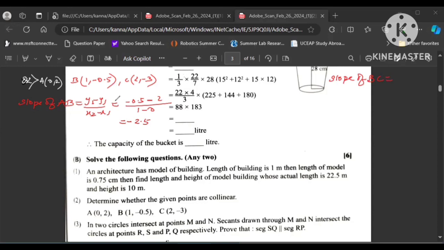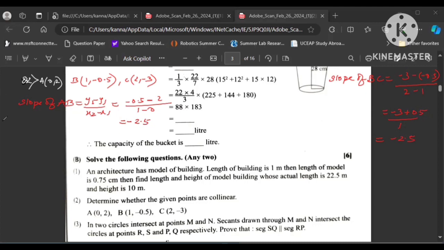Again, the formula is y2 minus y1 upon x2 minus x1: minus 3 minus of minus 0.5, the whole thing upon 2 minus 1. So minus 3 plus 0.5 upon 1. How much you get? Minus 2.5. Don't you agree the slope of AB was minus 2.5? Slope of BC is minus 2.5.